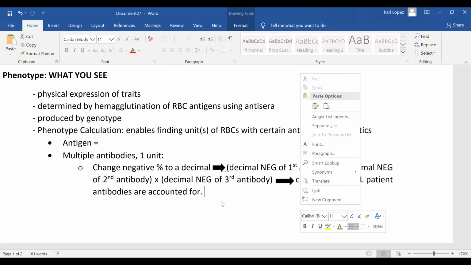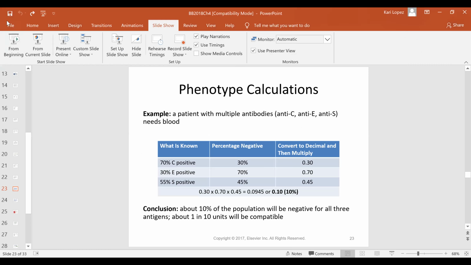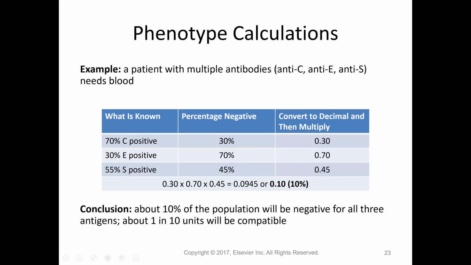Okay, now let me show y'all on a PowerPoint what I'm talking about. Do y'all have this down so far? Yeah. Okay, so your phenotype calculation, this is a patient with multiple antibodies. For this instance, they have anti-big C, anti-big E, and anti-big S, and they need blood.